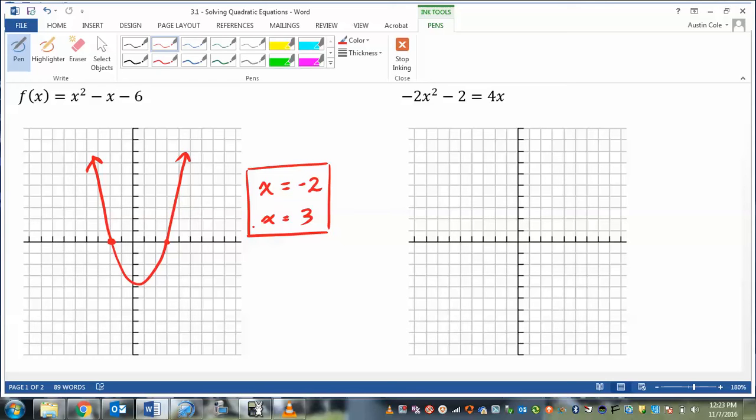So if it was me, I would move everything over to the right, knowing that now if I added 2x squared on both sides, I would now have a positive a value, and the graph would open up. That's just me, and that's a personal preference. You don't have to do it that way. All right, so I'm going to add 2 then. And so then my quadratic becomes 2x squared plus 4x plus 2, and now that's equal to 0. Okay, so let's go ahead and plug that in.